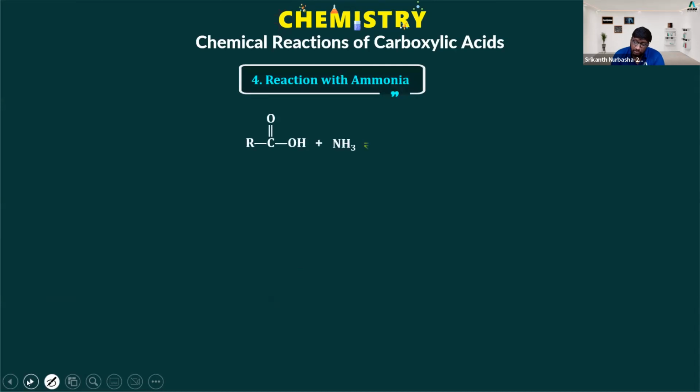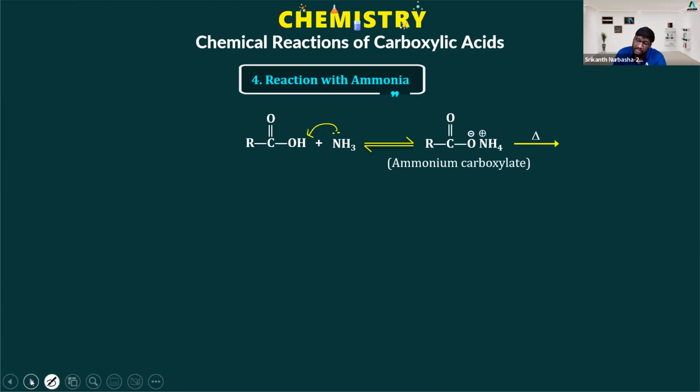Reaction with ammonia. Whenever you treat with ammonia, the simple reaction is an acid-base reaction. The lone pair of electrons on nitrogen will pick up the proton, and the OH electron pair is given to oxygen. You will form the respective salt, ammonium carboxylate, that is RC double bond O minus NH4 plus.